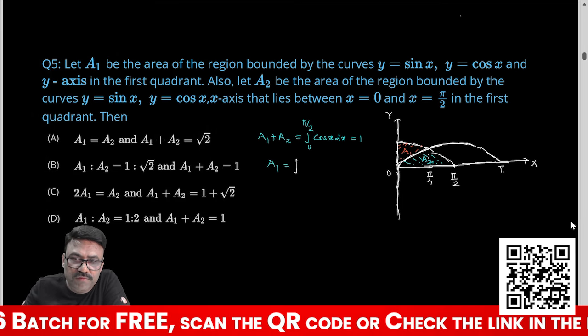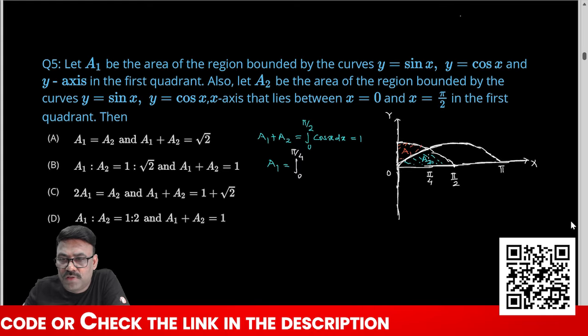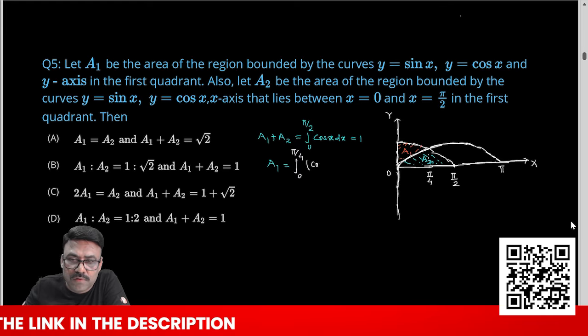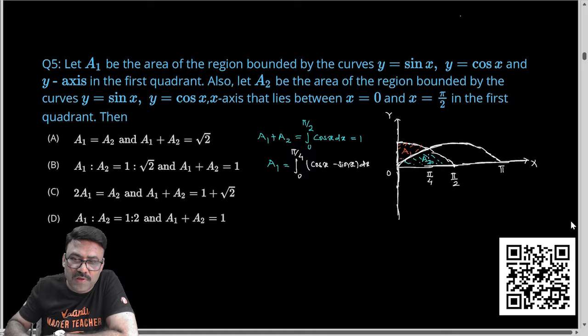So A1 will be the integral from 0 to pi by 4 of upper curve minus lower curve, so cos x minus sin x. Integrate it, it becomes sin x plus cos x from 0 to pi by 4.